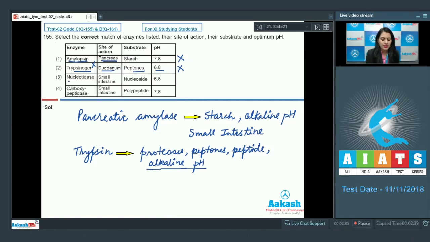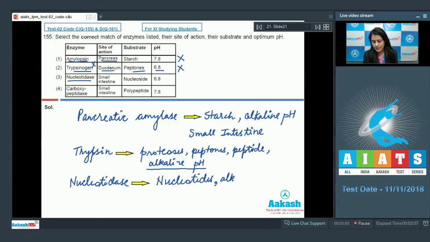The third option is nucleotidase. This is an enzyme which acts on nucleotides at alkaline pH in small intestine.